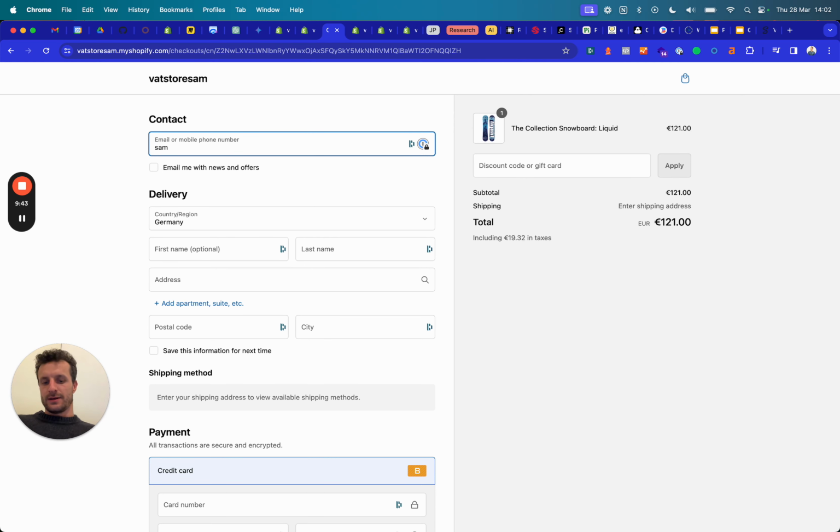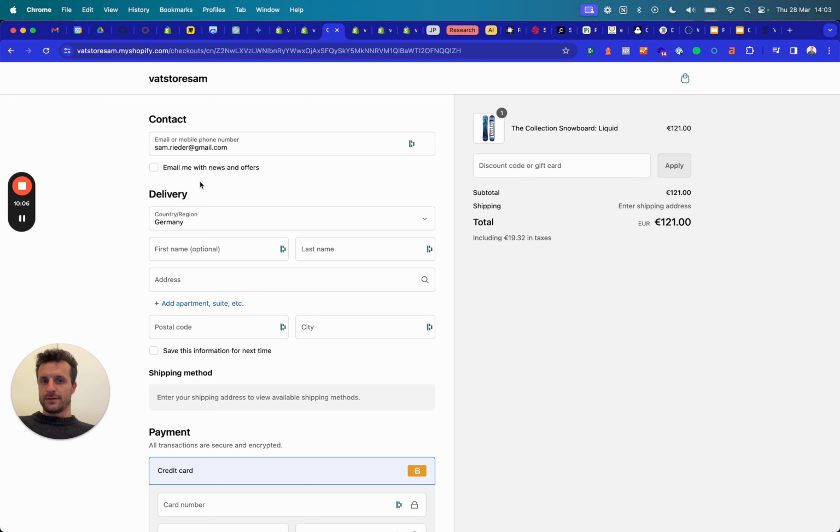If I now log in with my personal email address, then it will actually get my tax settings from the backend. So what Shopify will do here is it will check if that customer is already known to the system, and it will apply the VAT rate or the tax settings specific to this customer.